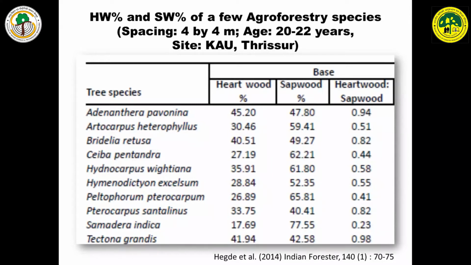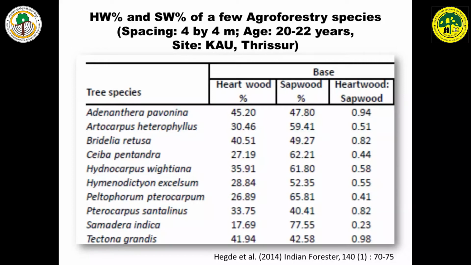So the age of this tree was around 20 to 22 years, and we can see the percentage of heartwood which is present. It is very much dependent on the age of the tree, the tree species and the condition in which it is being grown.